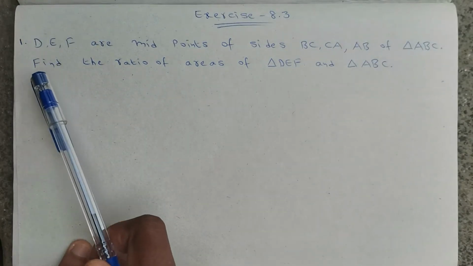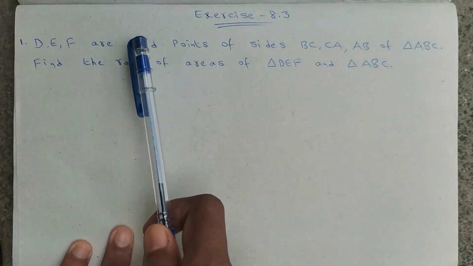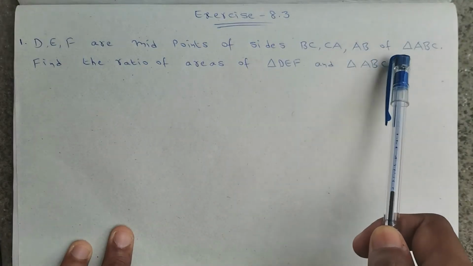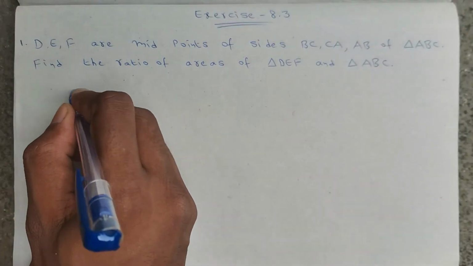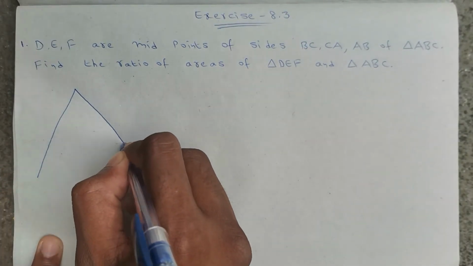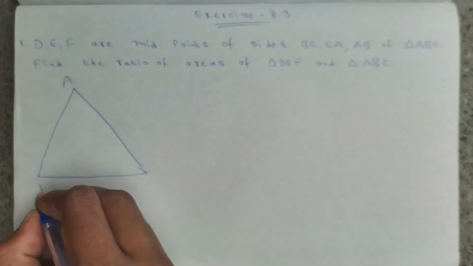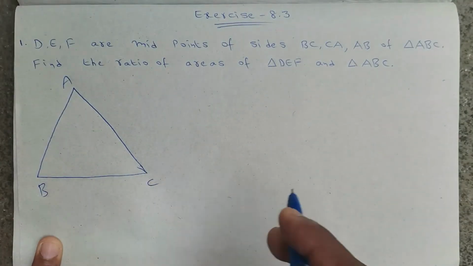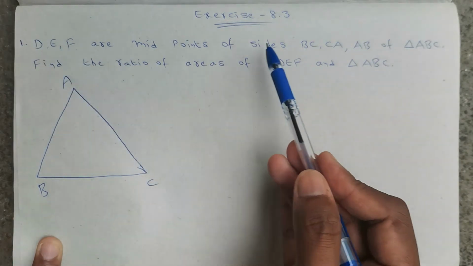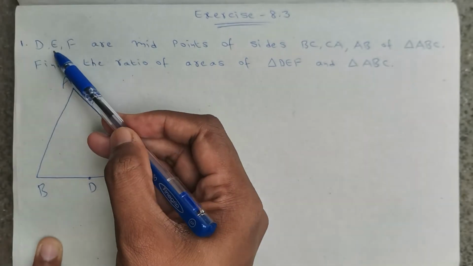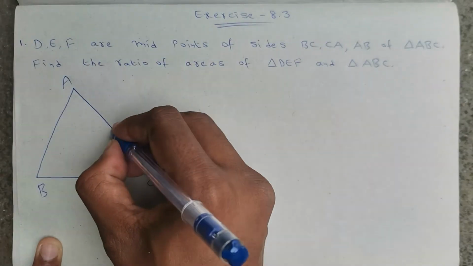Okay, question number 1: D, E, F are midpoints of sides BC, CA, AB of triangle ABC. So we have a triangle ABC. D is the midpoint of BC. E is the midpoint of CA.